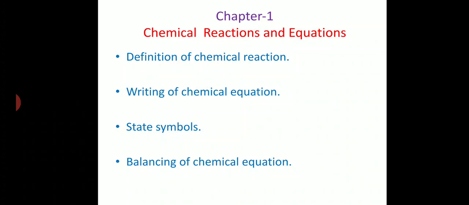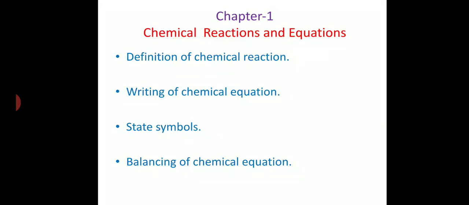Solid means S, right? Liquid L, aqueous solution AQ, gas G, formation of precipitate downward arrow, evolution of gas upward arrow, heat we use a triangle symbol, etc. Then the most important thing in chemistry is balancing of chemical equations.